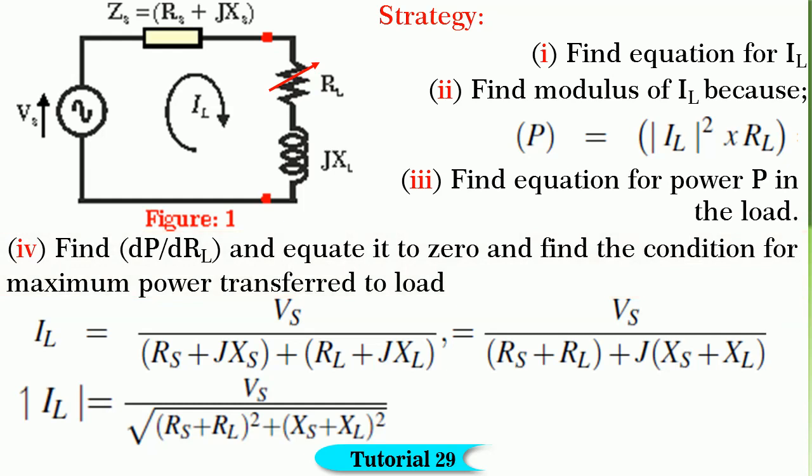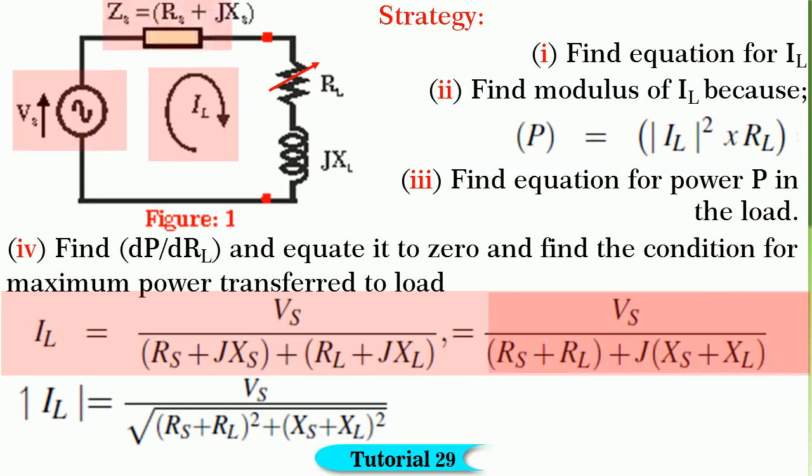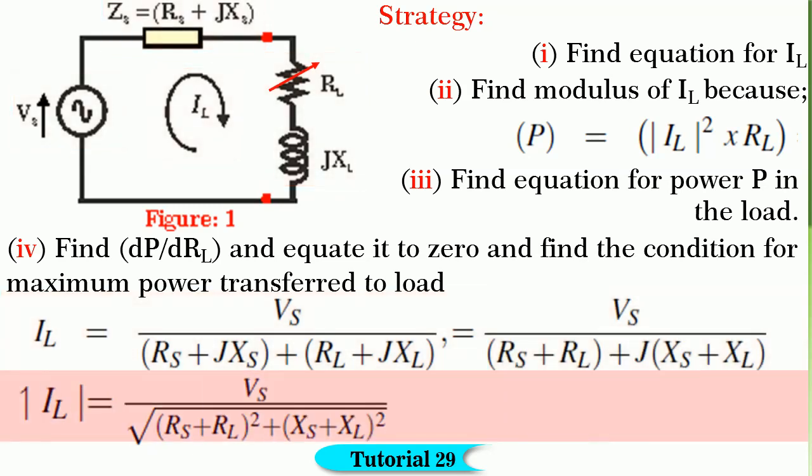So, we know IL is equal to Vs divided by Rs plus RL plus j times Xs plus XL, and mod of IL is equal to Vs divided by square root of (Rs plus RL) whole square plus (Xs plus XL) whole square. How we got this mod of IL, I have already explained in the previous tutorial.